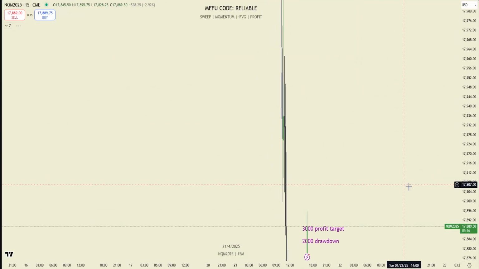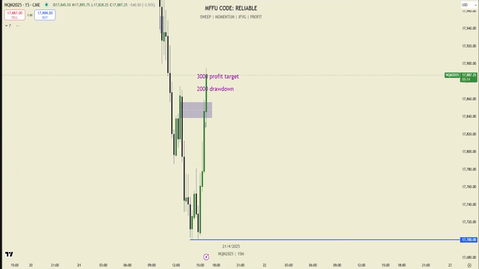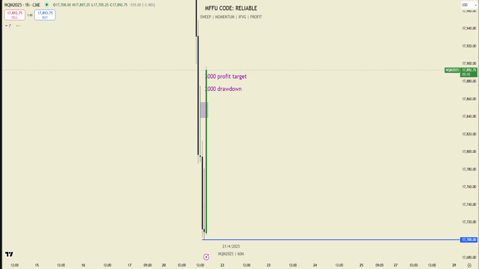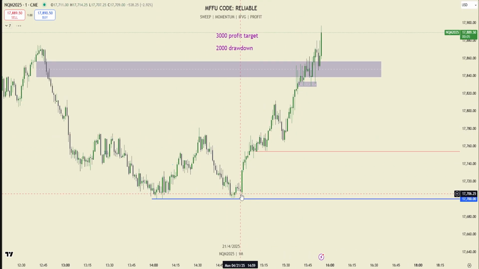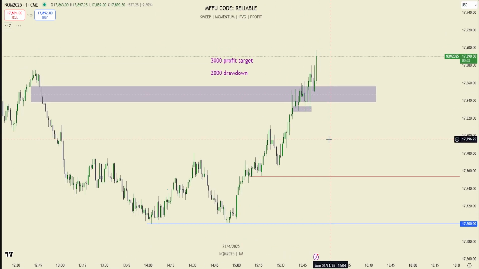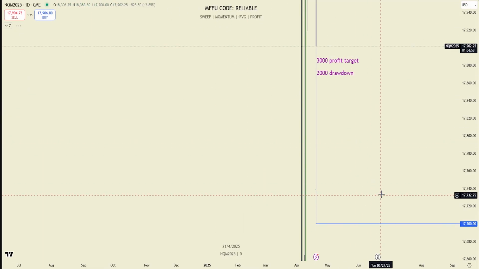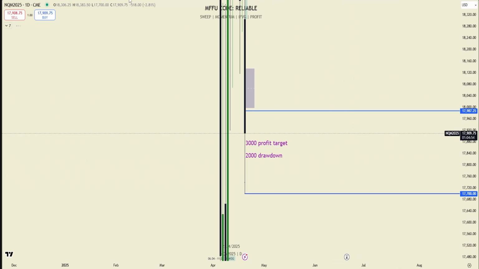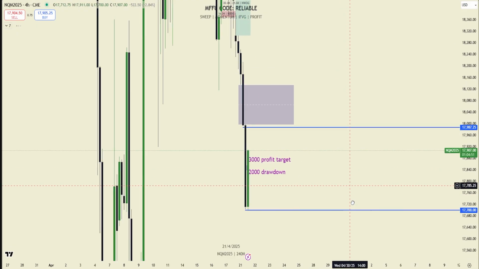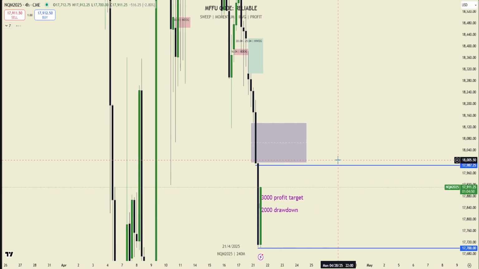Wow, this is really pumping. Okay. I feel like I had the bias wrong all after 3 o'clock. Since 3 o'clock onward, I was just not expecting this to pump as hard as it did. But yeah, I guess this unfilled 4 hour is gonna end up being the draw probably.